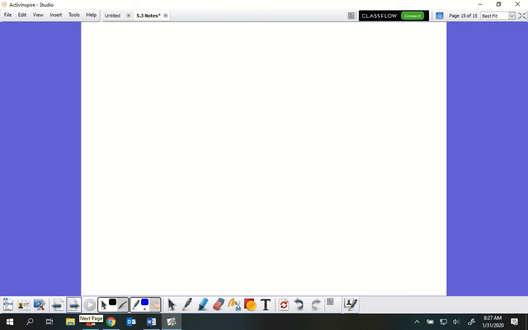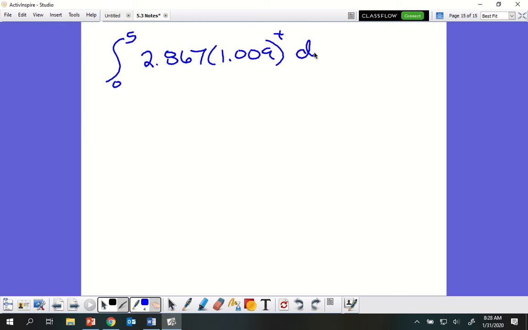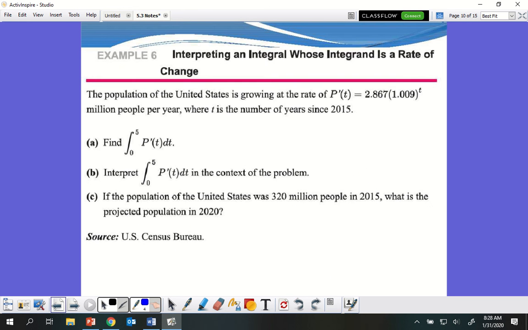Read me the problem, please. It's going to be from 0 to 5, and that's going to be P prime, 2.867 times 1.009 raised to t. Because it's in terms of time.